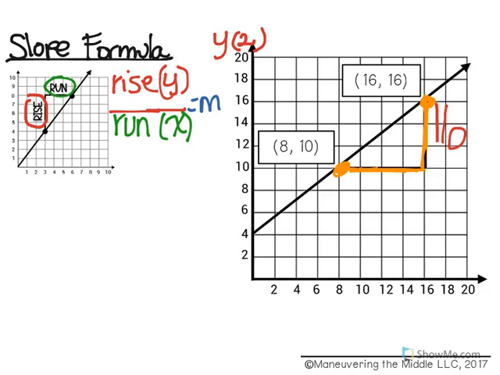Then I'm going to count my run. My x-axis is also counting by 2's. So I'm going 2, 4, 6, 8. So right now, my slope is 6 eighths.